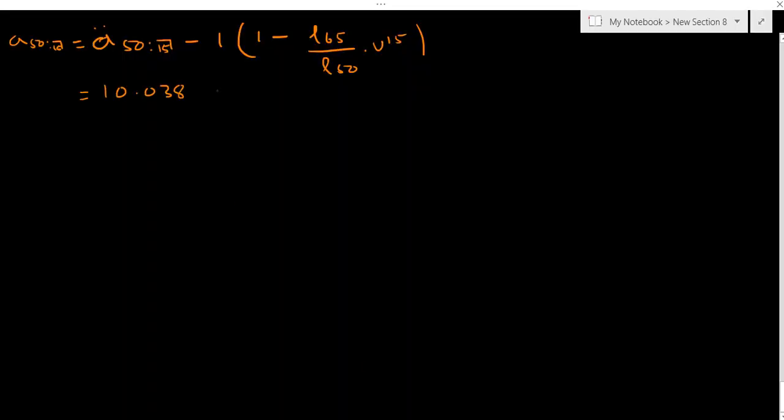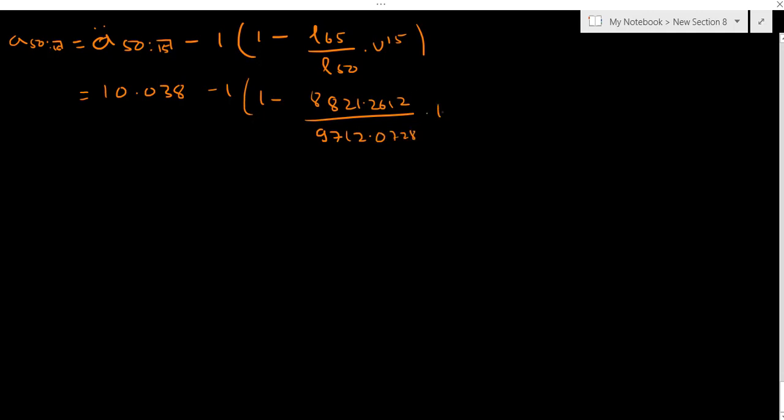So 10.038 minus 1, into 1 minus L65 over L50, is equal to, from the tables you can check this value, 8821.2612 divided by 9712.0728.